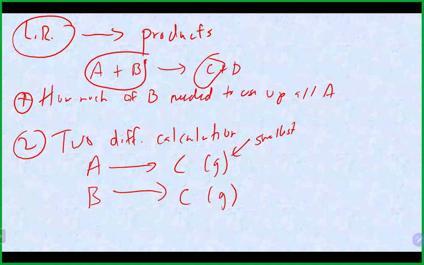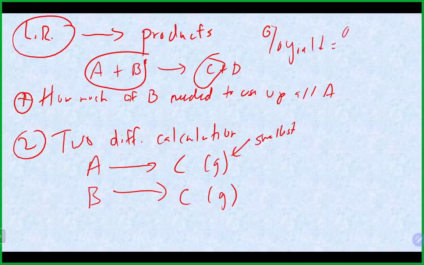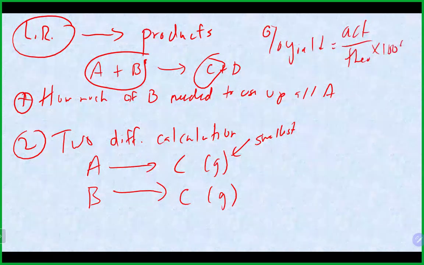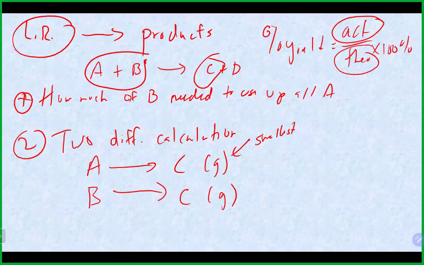We also talked about percent yield, which is our actual divided by our theoretical times 100%. Actual, in textbook problems, is usually given to you, and that is the actual amount of product that you produce when you do the reaction. The theoretical is based on the equation and a calculation and how much you're starting with.